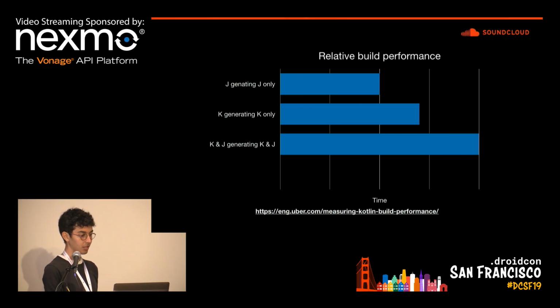But if you have mixed Kotlin and Java generating mixed Kotlin and Java, then that's the slowest. So if Dagger is your only annotation processor that's still generating Java, and you switch it to Dagger Reflect, and Dagger Reflect generates only Kotlin, then you could get a little performance boost. But anyways, these are just some pie-in-the-sky ideas for Dagger Reflect. It doesn't quite do that yet.